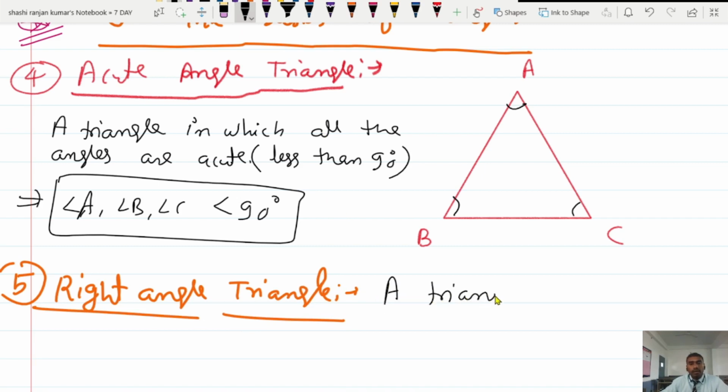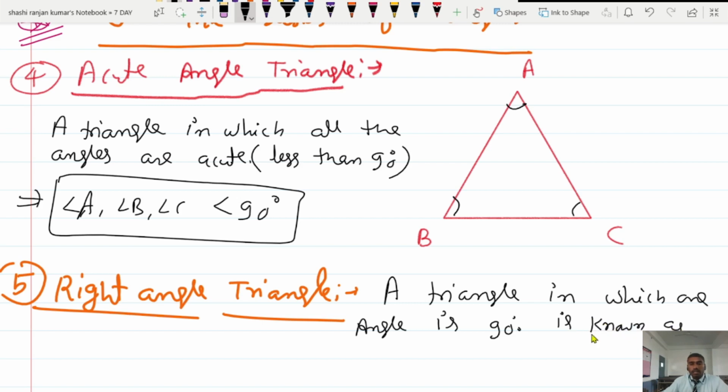Very simple, a triangle in which one angle is 90 degrees. As the name suggests, right is 90 degrees. A triangle in which one angle is of 90 degrees is known as a right angle triangle.